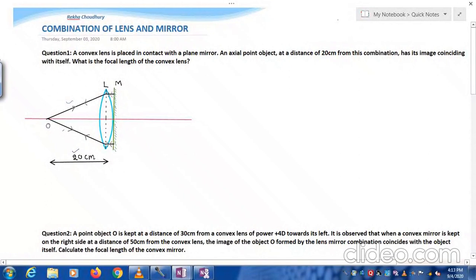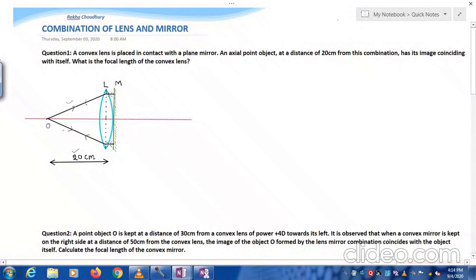That means here the object must be situated at the focus of the lens. That's so after refraction through the lens, rays move parallel to the principal axis, and hence they meet the mirror normally.